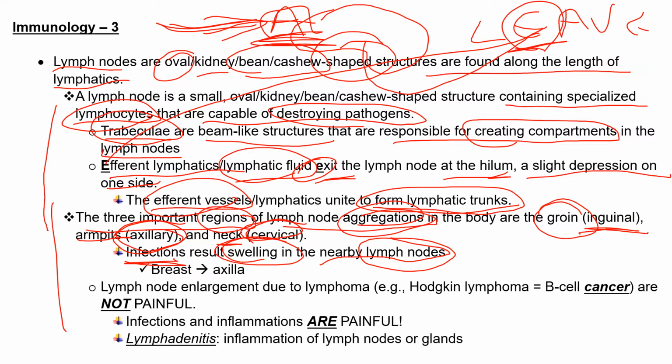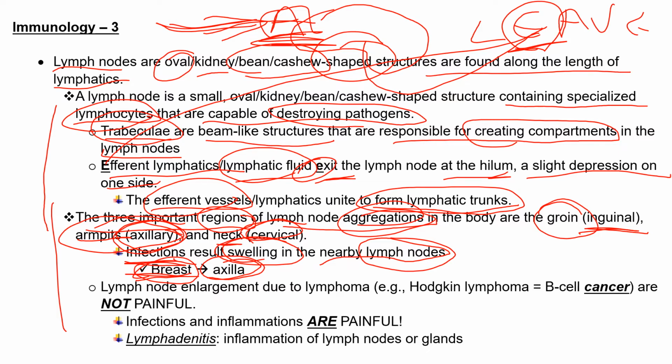This is why we'll look at the lymph nodes in the axillary region for patients who are getting a breast exam, because all of the lymphatics that drain the breast pass through the axillary region. So the axillary region is where you want to look for enlarged lymph nodes to ensure the breast is healthy.